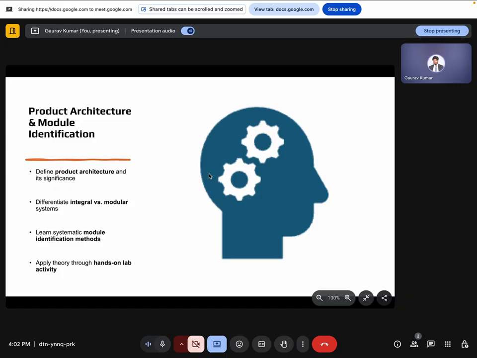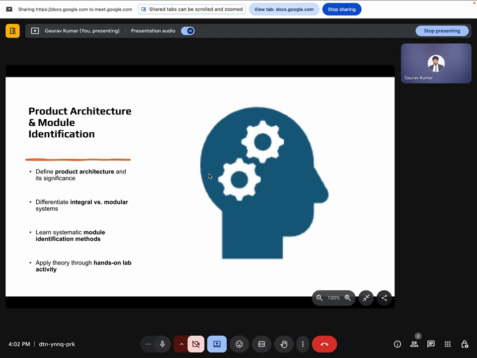managing design complexity. Beyond the definitions, we will also explore contrasting approaches of integral and modular systems, learning where each approach provides value and what challenges they present.